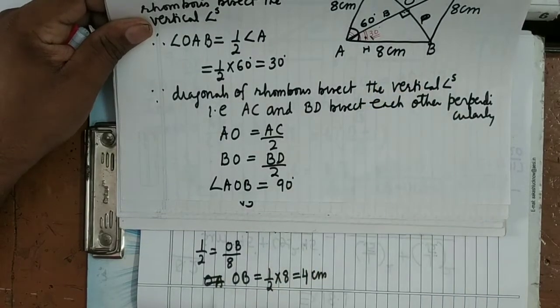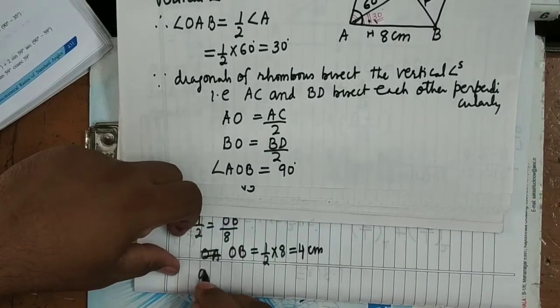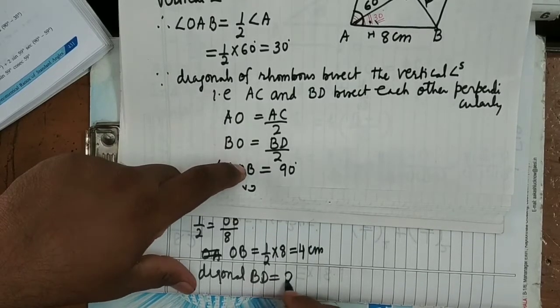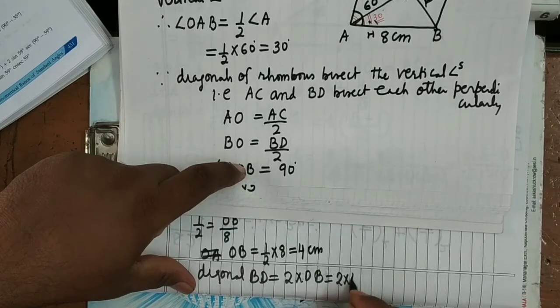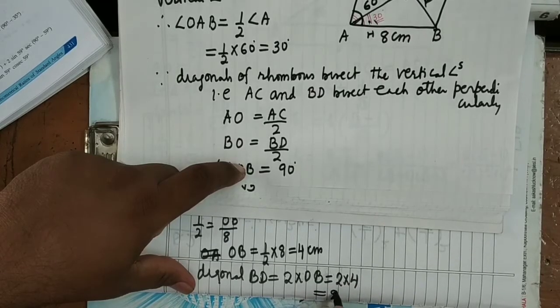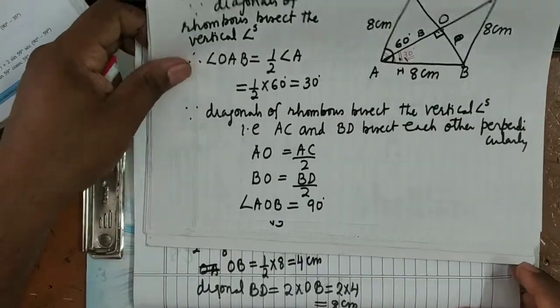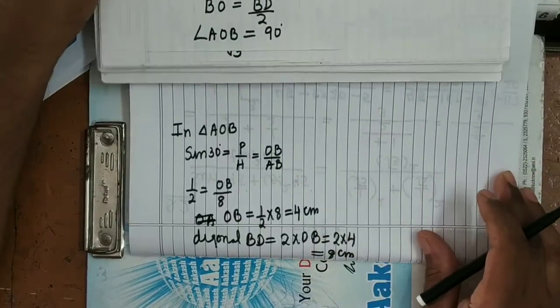OB equals to 4, therefore diagonal BD, you can write here diagonal BD, that will be 2 into OB equals to 2 into 4 equals to 8 centimeter. Diagonal BD will be equal to 8 centimeter.